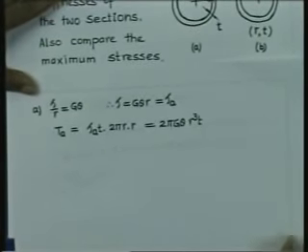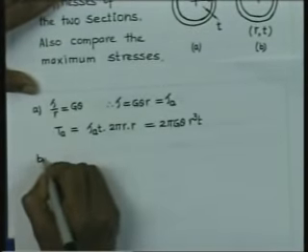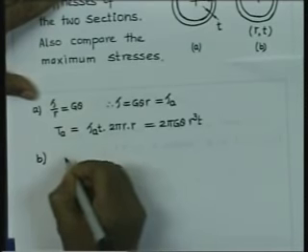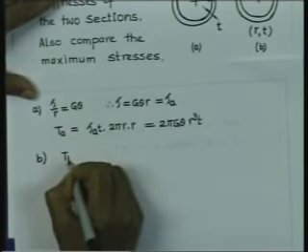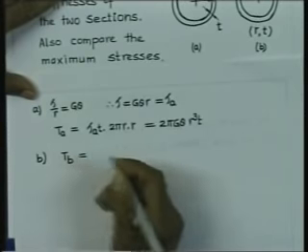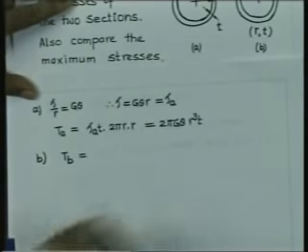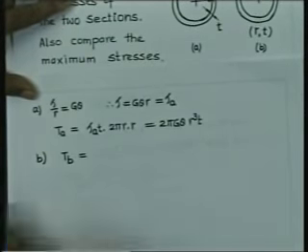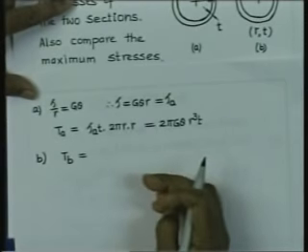Now, let us go for case number 2. For case number 2, we can calculate now T B. We make use of the formula that we have derived for the rectangular section, G theta b t cube by 3. Herein b is nothing but the length of the whole circumference, which is 2 pi r.